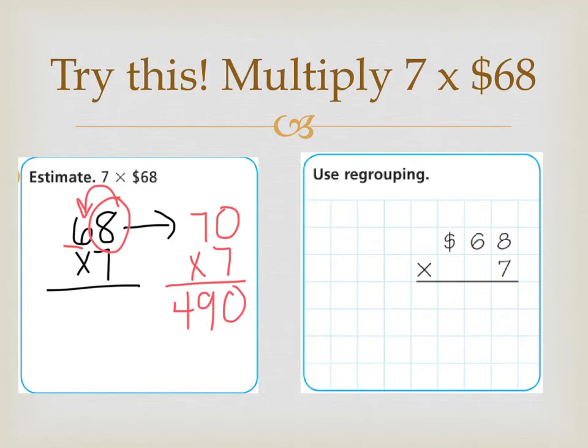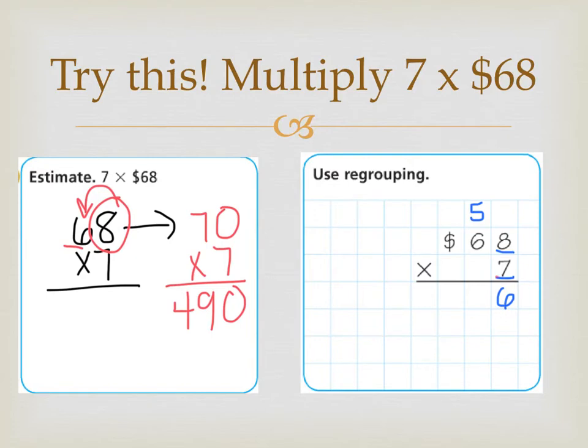For my regular algorithm, step 1 is to multiply my ones. 7 times 8 is 56. So with 56, I'm going to put my 6 ones in the ones place and regroup my 5 tens into my tens place.